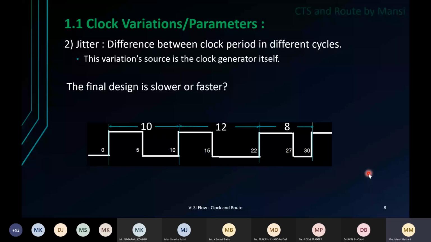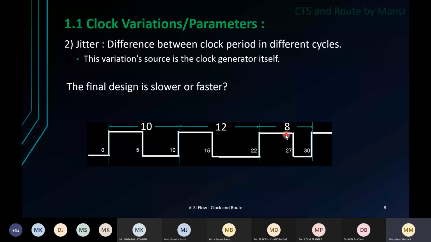So on the same clock, if one clock period cycle is 10 PS, the second one will be 12 PS, the third one will be 8 PS. The difference is not this huge, but I've shown it here to get a feel for how it varies. This is called jitter. There is 2 PS of jitter over here, plus 2 PS, minus 2 PS of jitter over here.